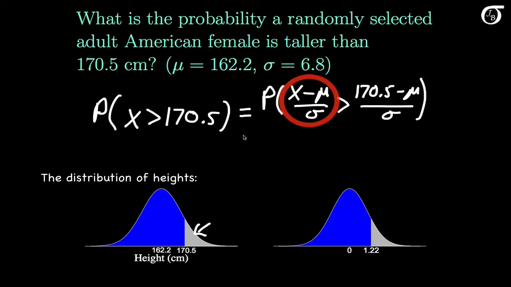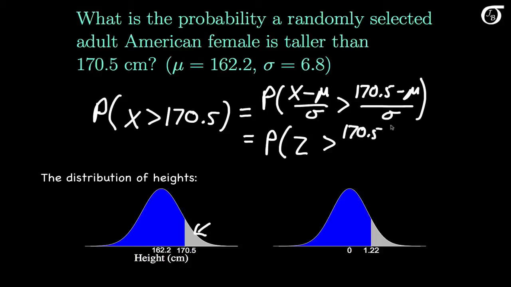And so this is going to be equal to the probability that the random variable z that has the standard normal distribution is greater than 170.5 minus mu over sigma. I'm now going to put in the value of mu and sigma here, and so I'm going to subtract the value of mu of 162.2 and divide by the value of sigma, which is 6.8.